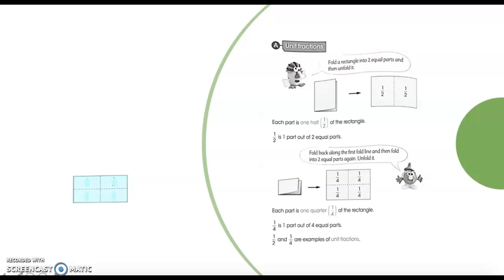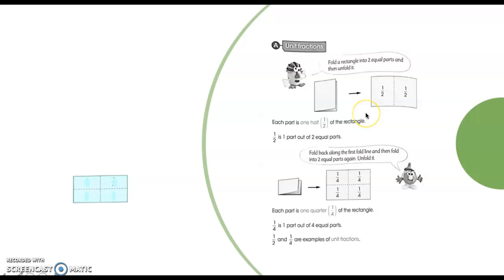For example, this is a rectangle. This rectangle is cut into 2 pieces or 2 parts. And then if you fold it, it will be like this, right? So when you fold the rectangle, it will be like that, as a book here, isn't it?